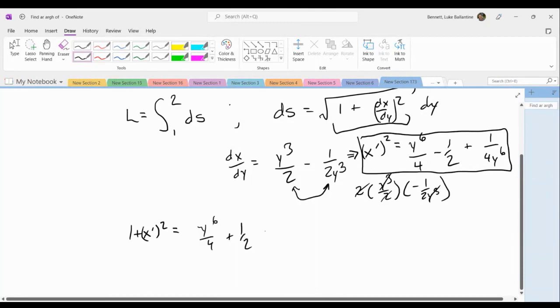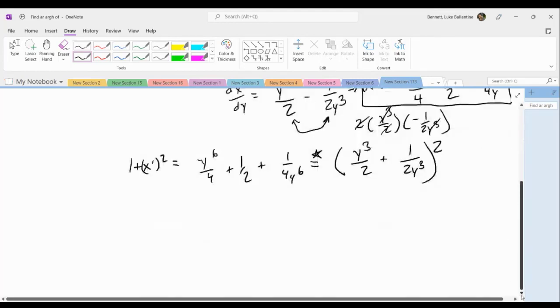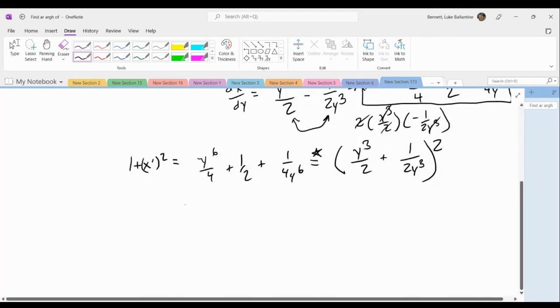This is positive 1 half. And then the magic happens right here. This actually factors into y cubed over 2 plus 1 over 2 y cubed. You can check this. You can FOIL this out. This is squared. And the cool thing about this now is we're taking the square root of the square, so we can do the integral.